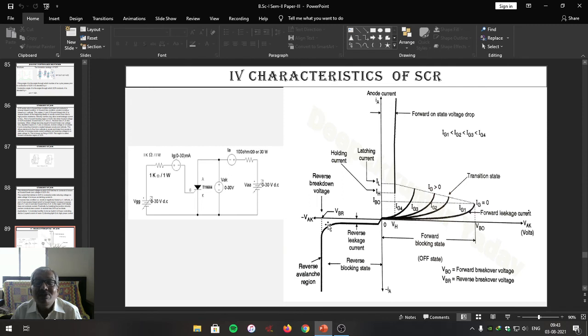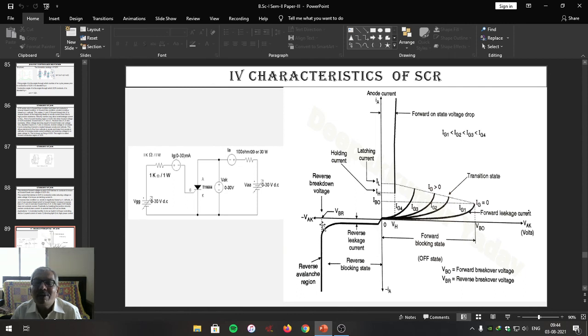Until that changes, it doesn't conduct. At a particular value of anode to cathode voltage, the reverse breakdown voltage, the junction will break down and current starts increasing, in the microampere range. This is known as the avalanche region.